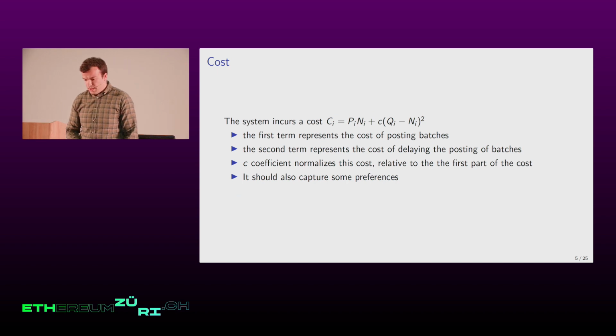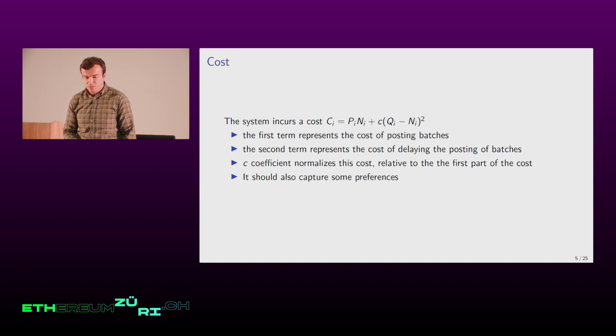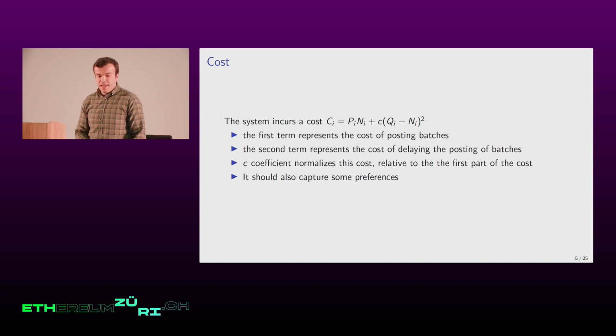Next is how the cost is modeled. The first part of the cost is exactly how much we pay if we post n_i batches, and batches have approximately the same size. That was the case at least with Arbitrum, which creates almost equal size batches. So the first part of the cost is the direct cost of posting. The second part of the cost is the delay cost.